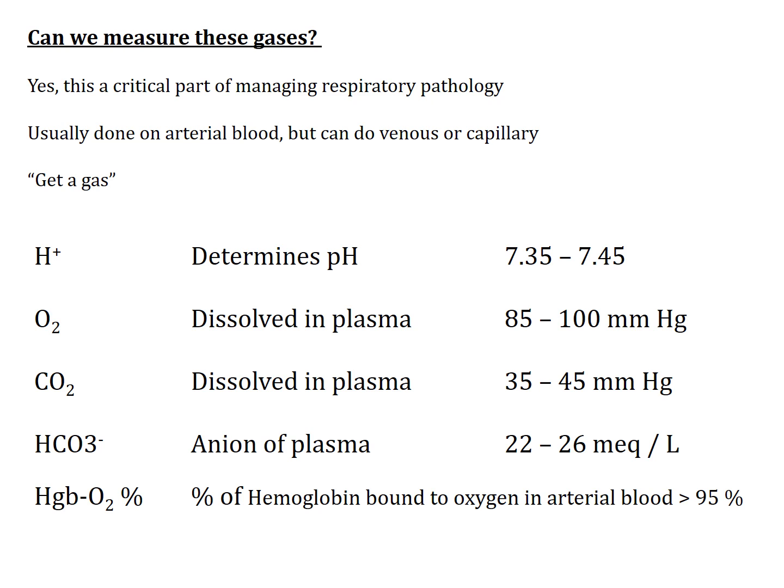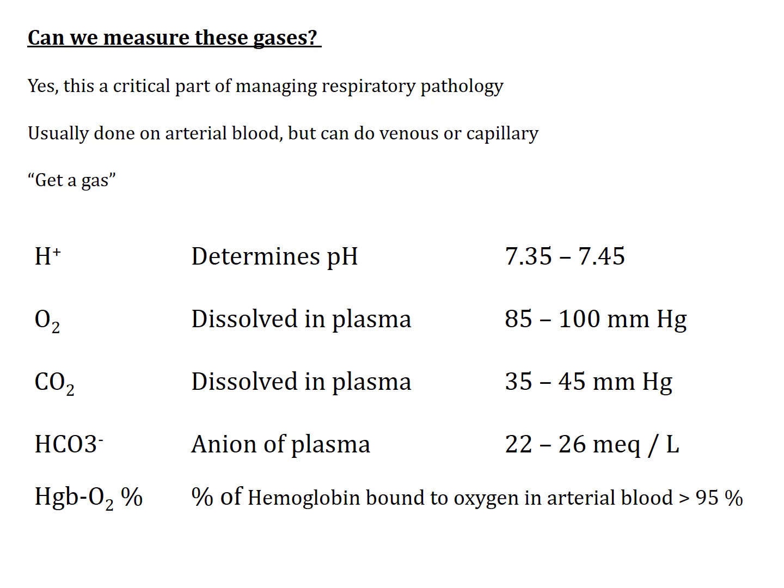So when we get a blood gas, we look at the pH, which is a measure of hydrogen ion. We look at oxygen dissolved in plasma. So that O2 level that we get is the O2 in the actual fluid component of blood. We look at CO2 levels, which is the same thing, CO2 dissolved in plasma.